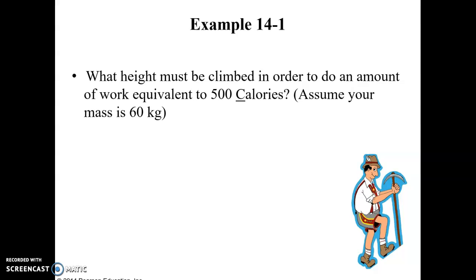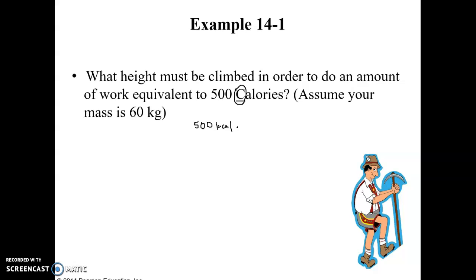Let's look at an example problem here. We've got ourselves a mountain climber that is going to climb up a mountain and do some work equivalent to 500 calories. Notice here we've got the capital C calories. So what we're talking about is 500 kilocalories.